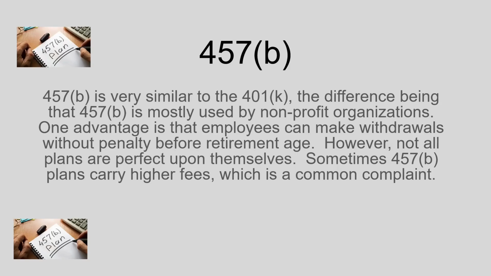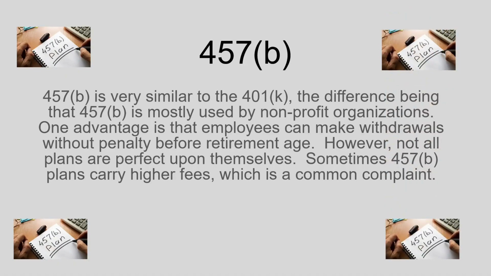One type of complaint that I've read about nonprofit plans, or 457Bs, is that they most commonly carry much higher fees than a 401k, and this is a common complaint. So you can still save for retirement if you happen to have access only to a 457B through your employer, but just realize that it may not be as advantageous, say, as a 401k and TSP.